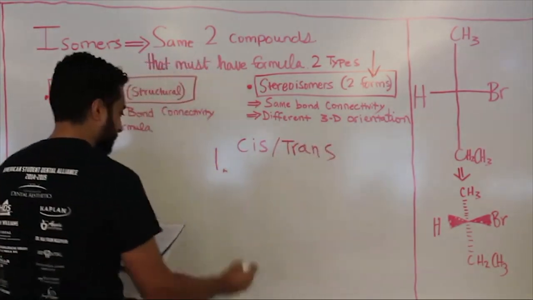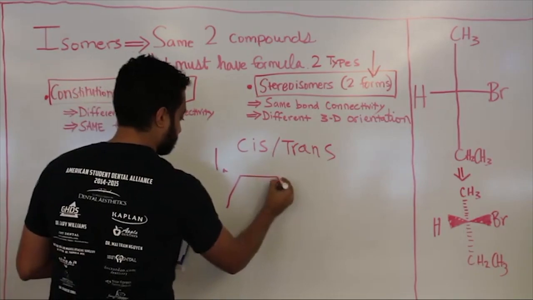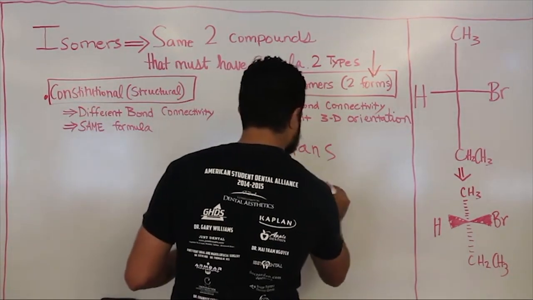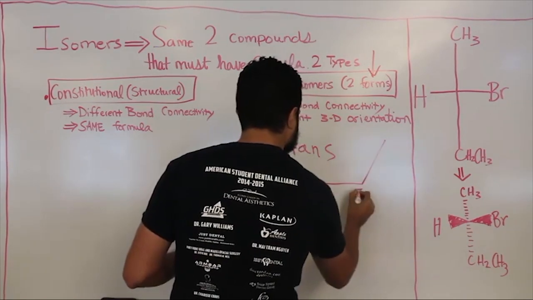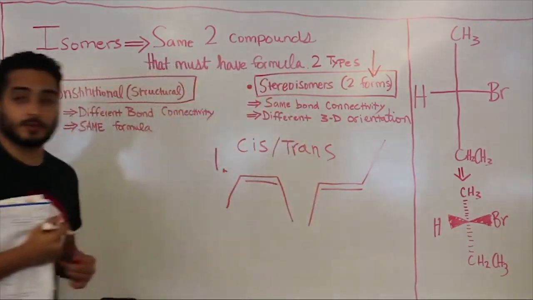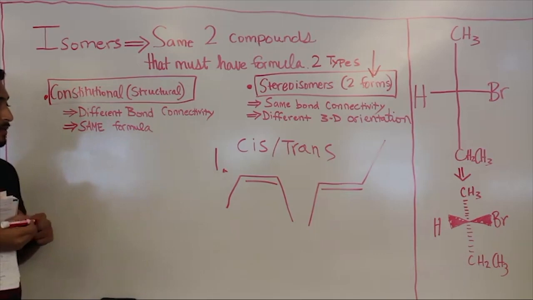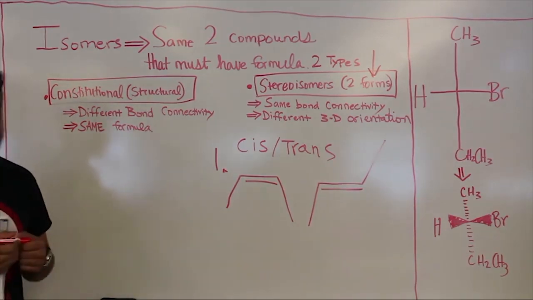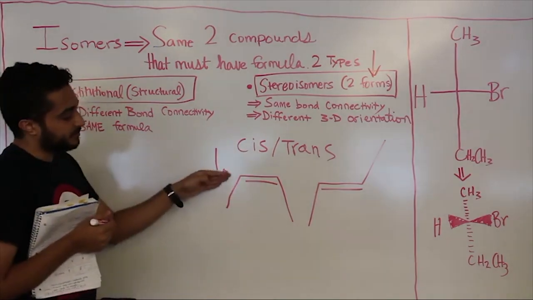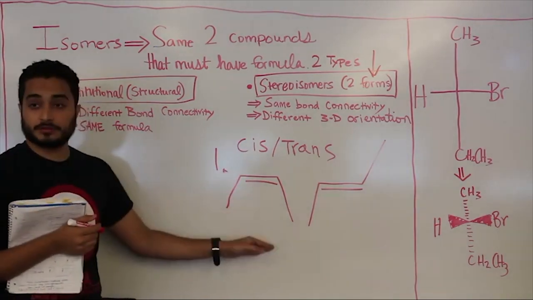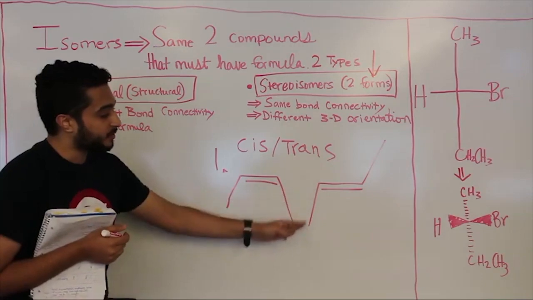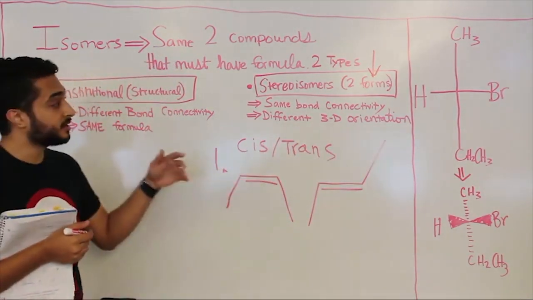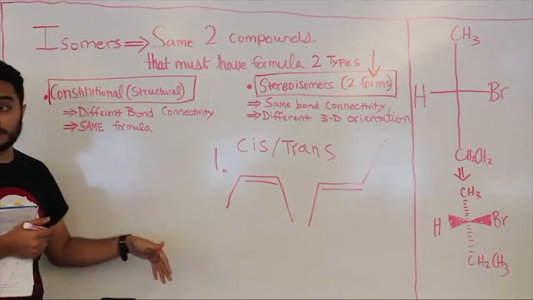Okay? So here's a good example. Both of these have 4 carbons in them, but the way that it's positioned within that compound is different. As you can see, one is going down, one is going up. So this is an example of a stereoisomer. Okay?